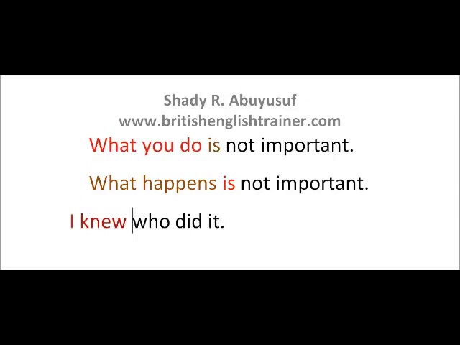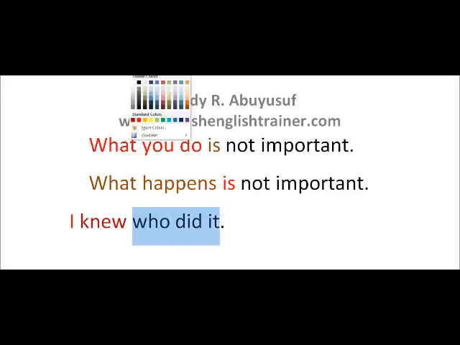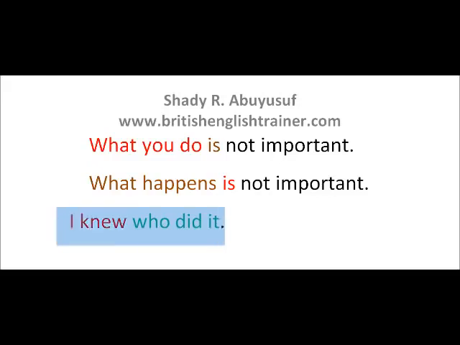And what about who did it? Who did it is a noun clause used as an object. So we've got I as a subject, knew as a verb, and who did it as a noun clause used as an object. But let's look deep inside who did it.